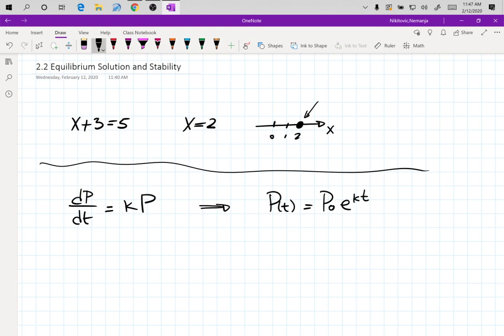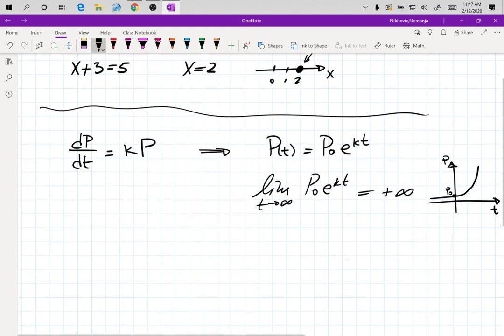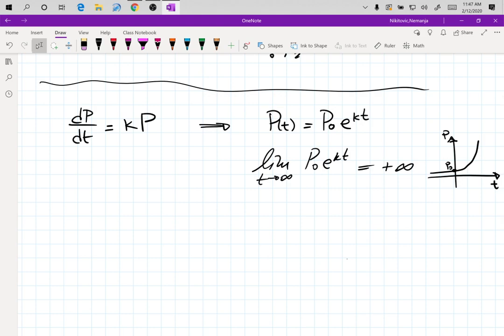And when we took the limit as t goes to infinity of P0 e to the kt, we found that positive infinity was a solution, and we were not happy with that model because a model like that would say that there is infinite population on the finite surface area of a planet, let's say, or 10 planets, I don't care. Can't have an infinite number of people on 10 planets either.